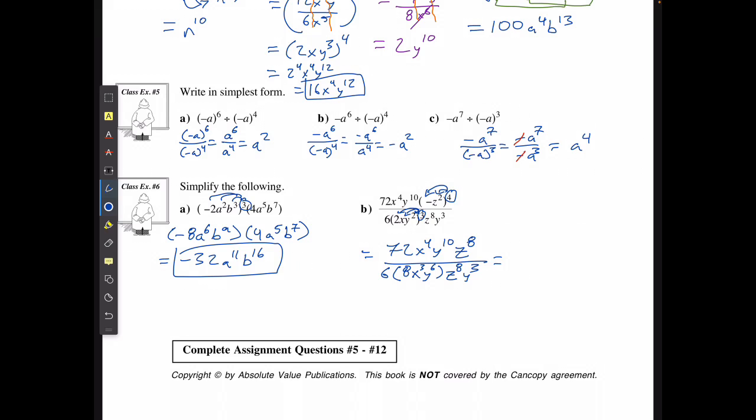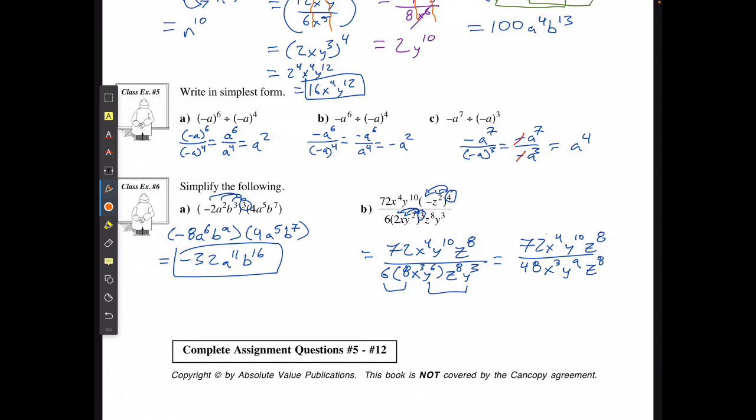I'm going to have to simplify the denominator for a second step. So the numerator stays the same, 72 x to the 4, y to the 10, z to the 8. On the bottom, I have the 6 times the 8, which is going to give me 48. I have x to the 3. I have the y to the 6 and y to the 3, so I have y to the 9. And I have z to the 8.